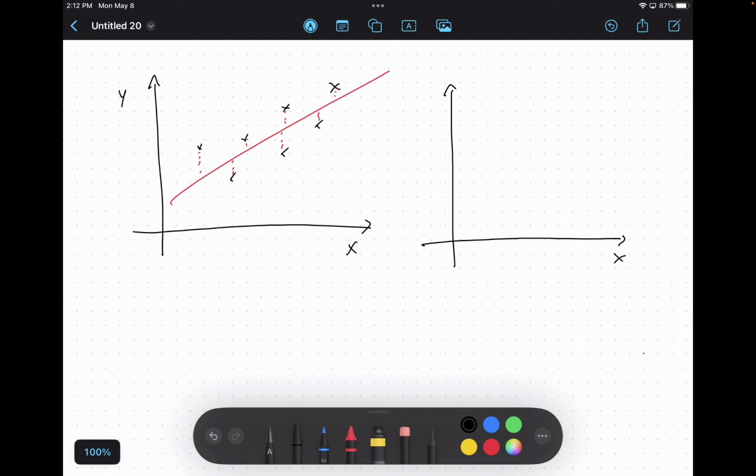You know, we might set them at 0 and at 1, and then you have a bunch of data points that look something like this. Visually speaking, there's not necessarily an analogous way of drawing this line.